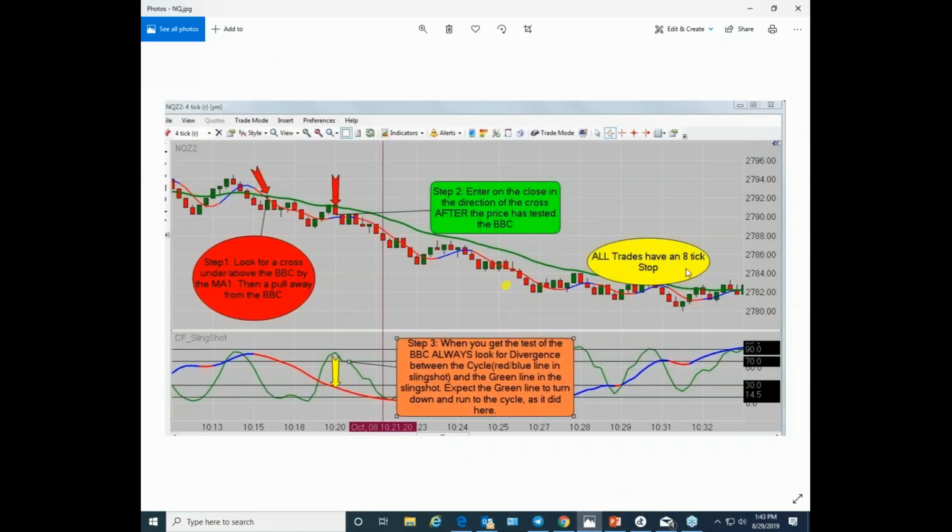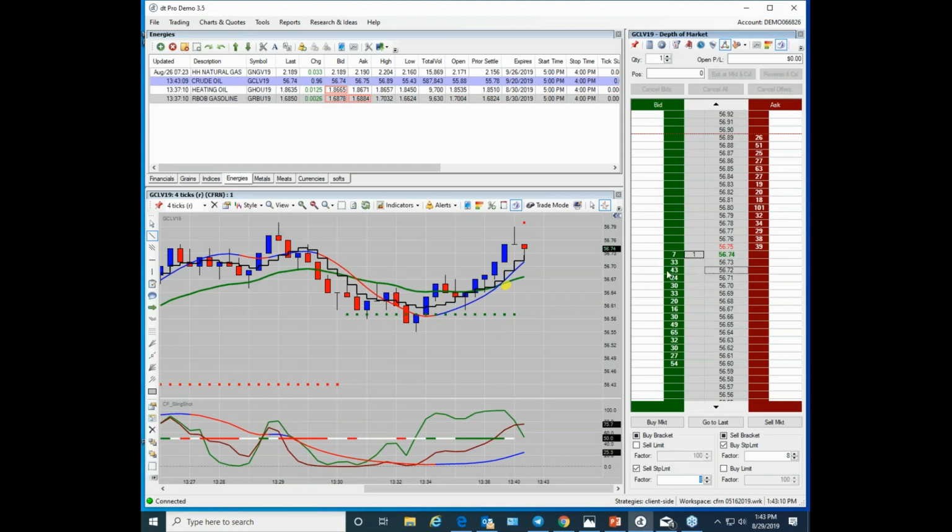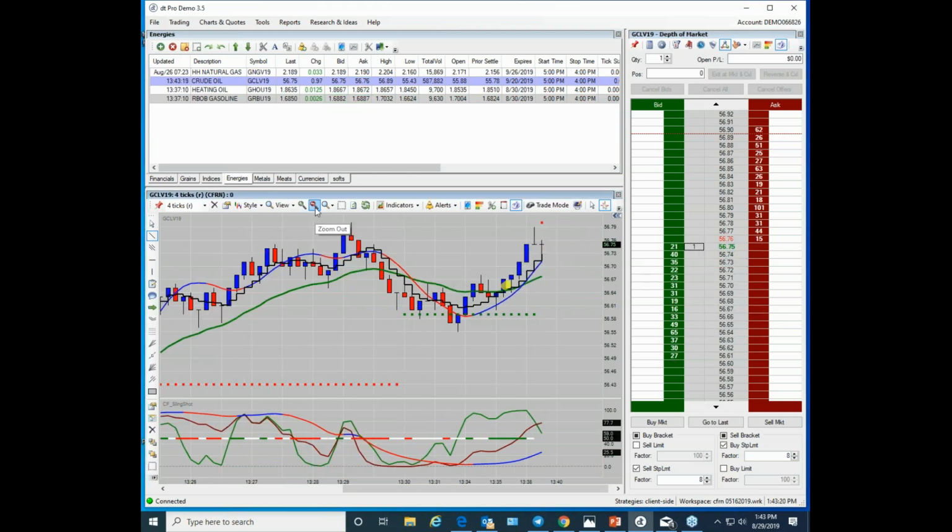Why 8 ticks? Because that's what the rules tell us. It's an 8 tick stop. So if that happens, all we have to do is left click and get in there.